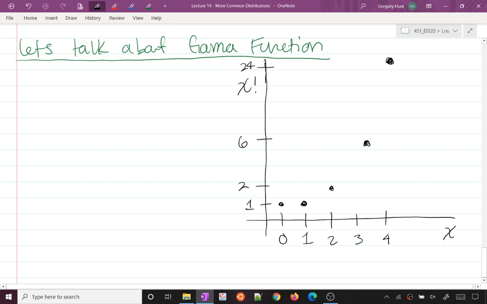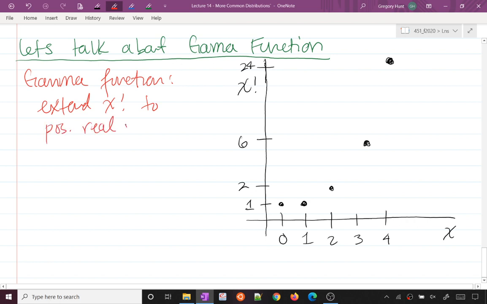And what the gamma function does is it's going to extend factorial to, in this case, positive real numbers. The gamma function, it's supposed to be two m's, is going to extend x factorial to positive real numbers.